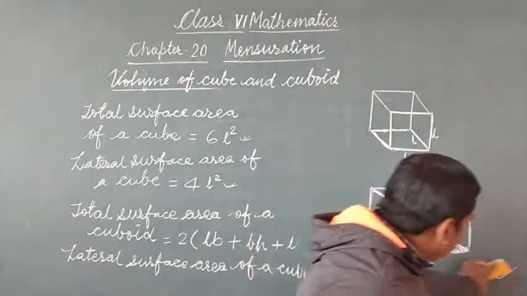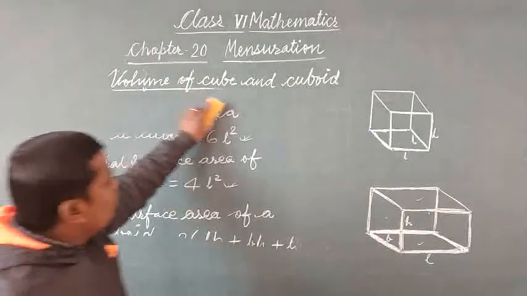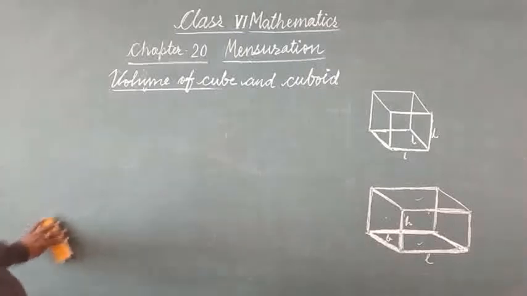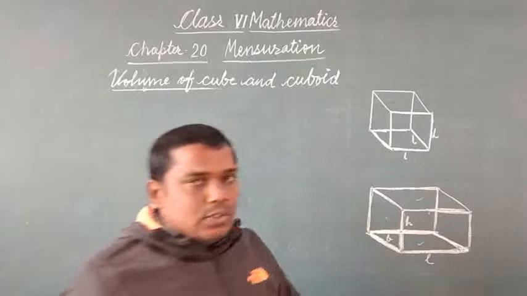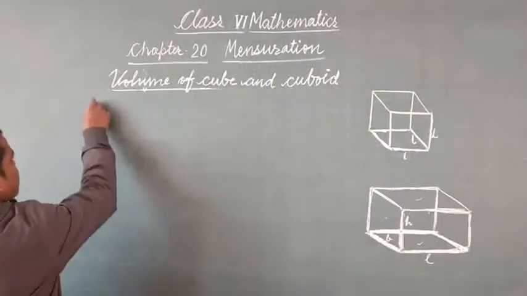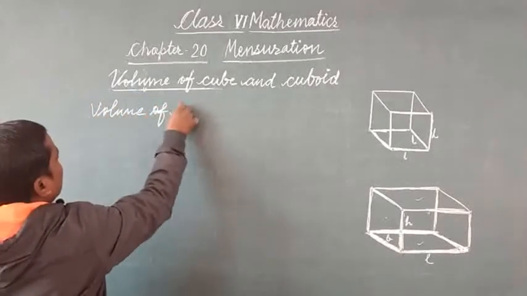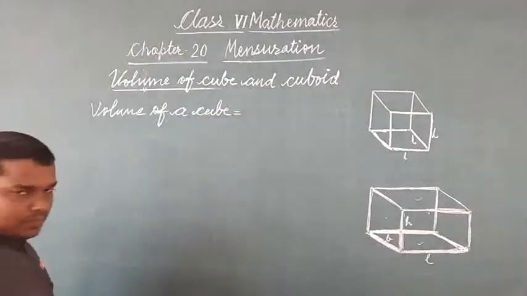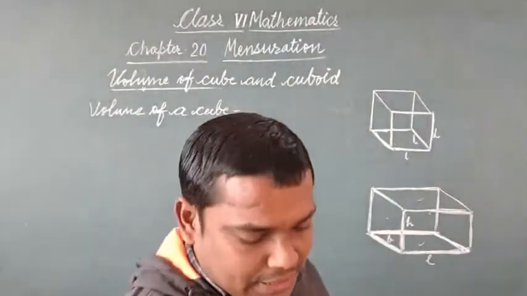Figure is clear to you that in case of cube, all the edges are of the same length. It is the cube. So the volume of a cube is equal to length into breadth into height.